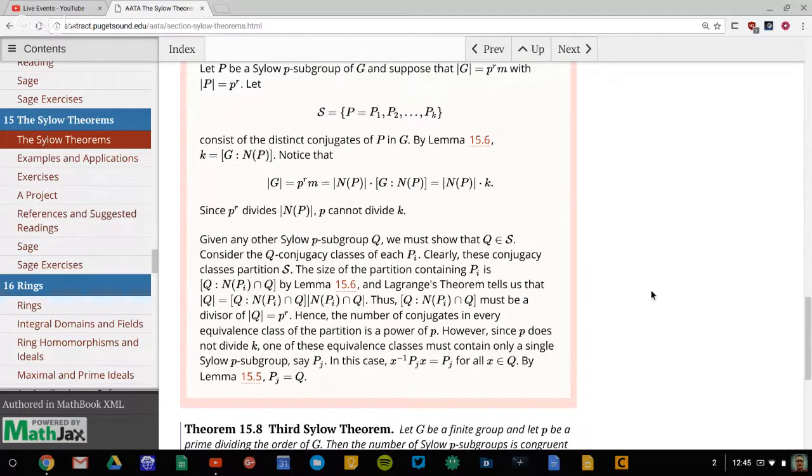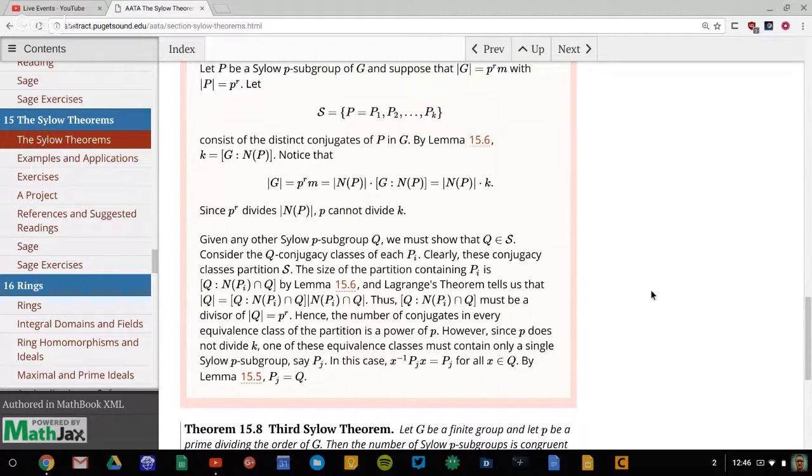Lagrange's theorem tells us that the size of Q is equal to the index of that subgroup in Q multiplied by the size of that subgroup. So therefore, this index number, this number of conjugates, is a divisor of the size of Q. But Q is a Sylow P subgroup.